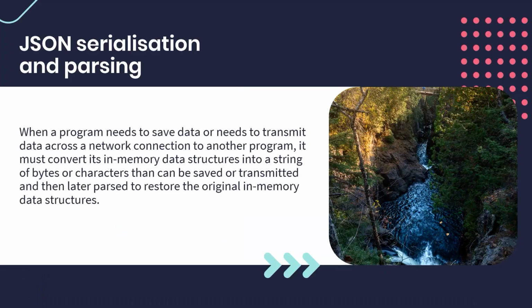When a program needs to save data or needs to transmit data across a network connection to another program, it must convert its in-memory data structures into a string of bytes or characters that can be saved or transmitted and then later parsed to restore the original in-memory data structures.